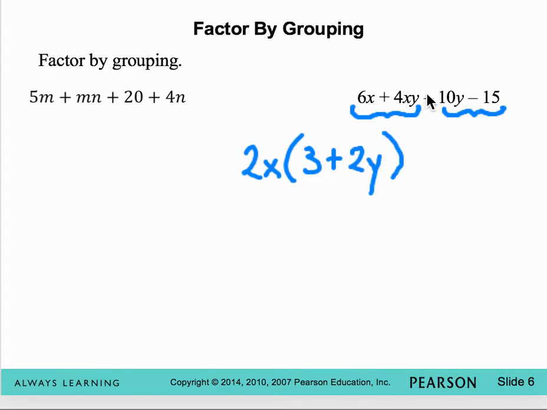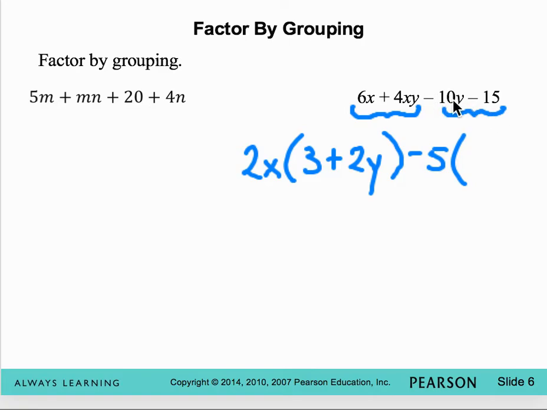Now, I've got a minus sign this time, so I've got to be careful. I know because of what happens when I'm factoring, I'm about to put a parenthesis right there because I'm going to factor something out and then I'm going to put a parenthesis, right? I'm going to factor out that 5 and I'm going to put a parenthesis. So that means if I've got a negative in front of a parenthesis, the signs in here change.